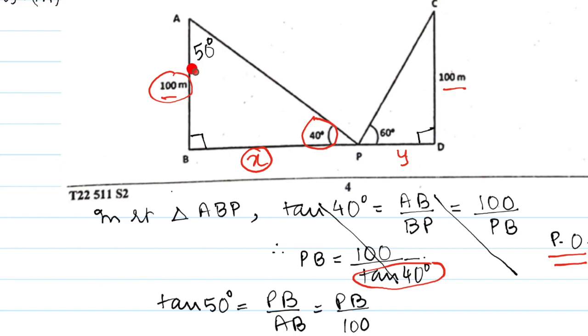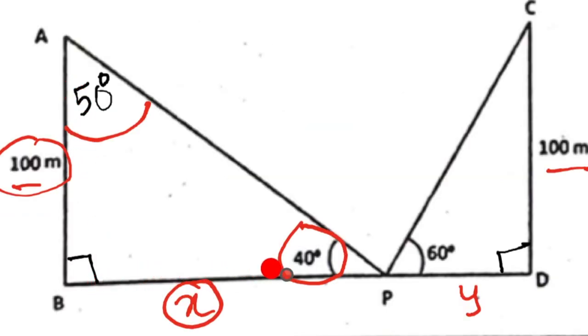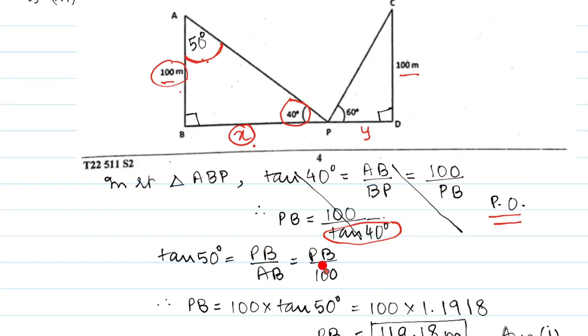Which means now I should be taking this complementary angle in this triangle. So I should be taking in this triangle not 40 degrees but 50 degrees here. Now if I take 50 degrees, for this the tan will be PB upon 100. So can you see it is PB upon AB, that is PB upon 100.